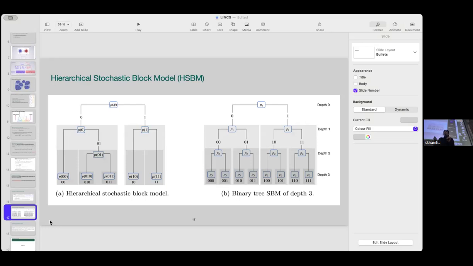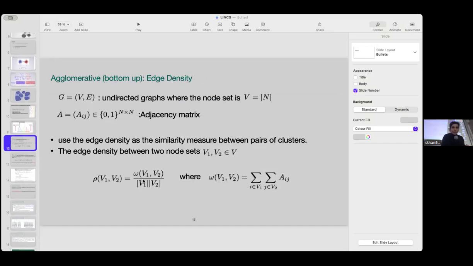So if I put some condition that the number of edges that I see between these 2 clusters concentrates around this expectation, in this case we can show that, if I introduce some algorithm and compute this similarity, in the numerator we have the size of V1, the size of V2 times the probability that V1 is connected to V2.